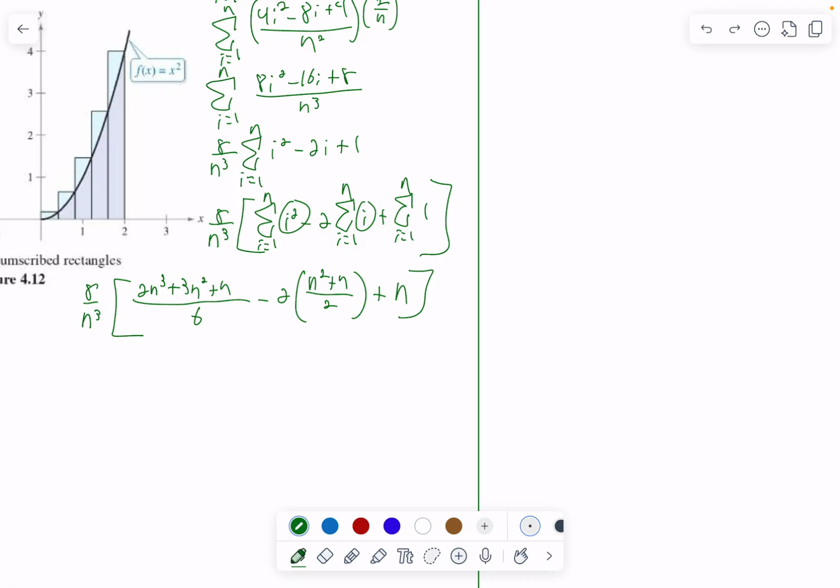So 8 times 2n cubed is 16n cubed over this 6n cubed, plus 24n squared over 6n cubed, because of the 8 times 3, plus 8n over 6n cubed.